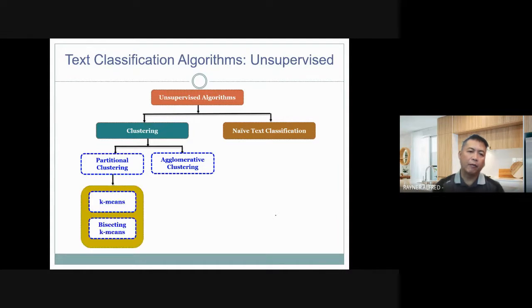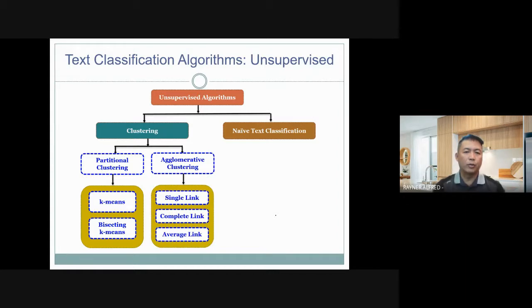Okay, and for partitional clustering, we have two types: k-means and bisecting k-means. Okay, so we will look into these two. And for agglomerative clustering, we have three types: single link, complete link, average link. So these are the techniques available. Of course, there are more, but just to give you an idea that for agglomerative clustering, we have a few variants of them.